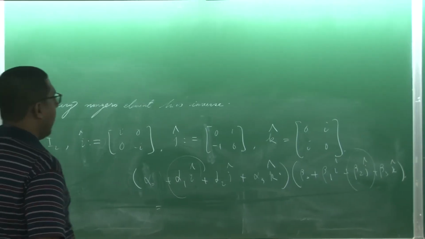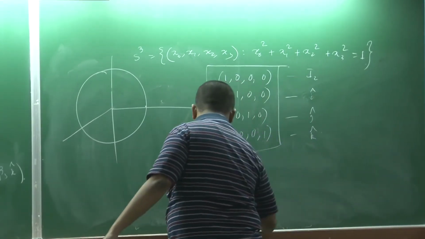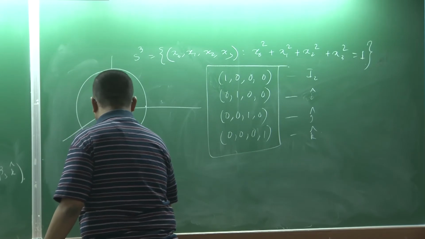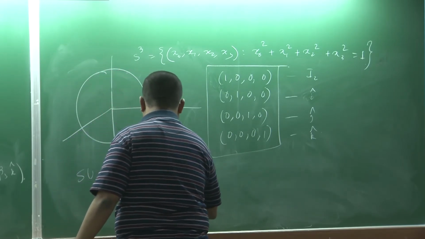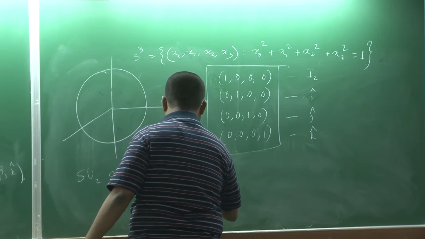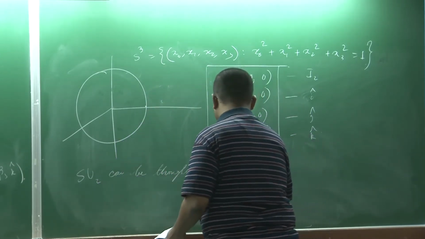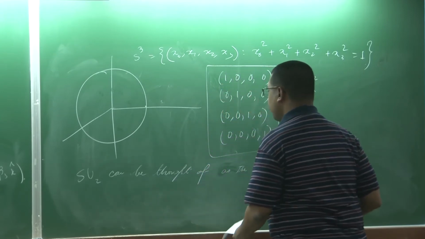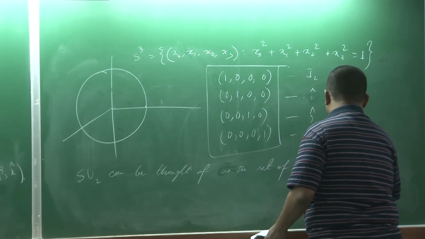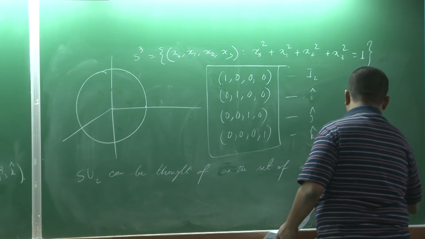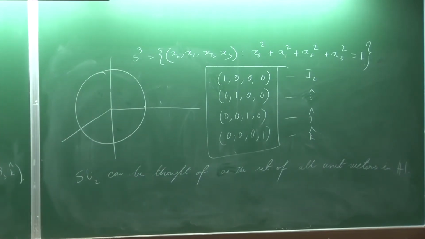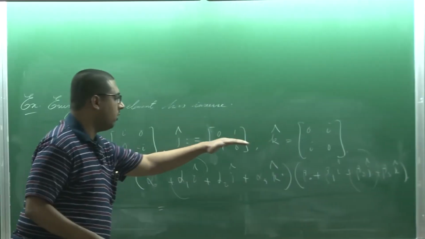All right, and one more thing: this identification enables us to consider SU2 as the set of all unit vectors in this H. Remember, H is a 4-dimensional real vector space, and we have a concrete basis for this.